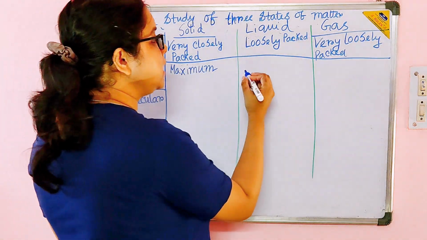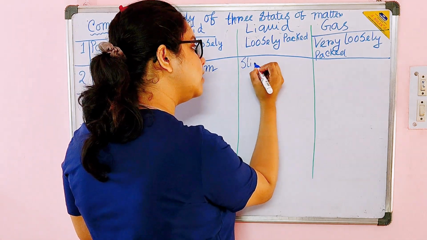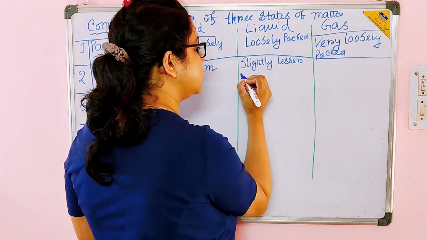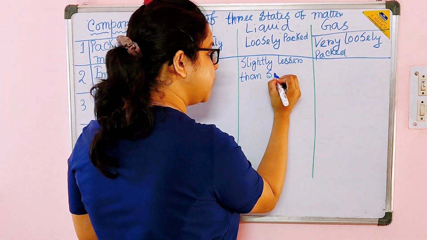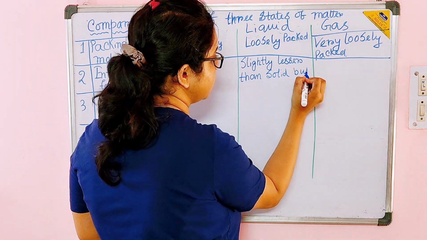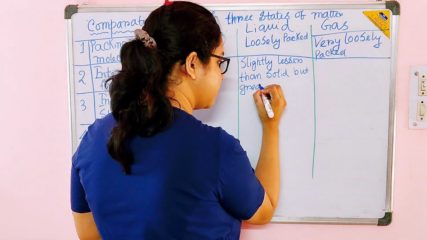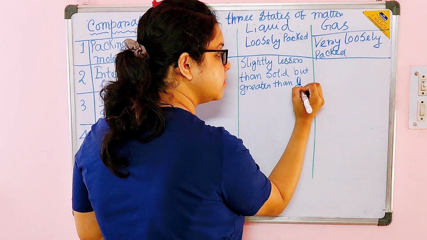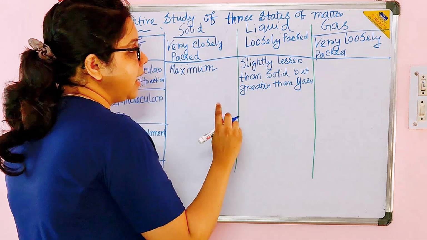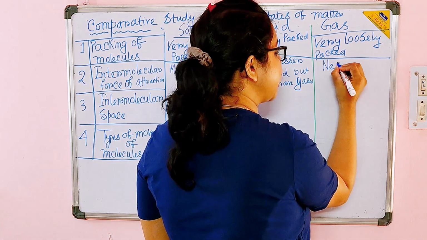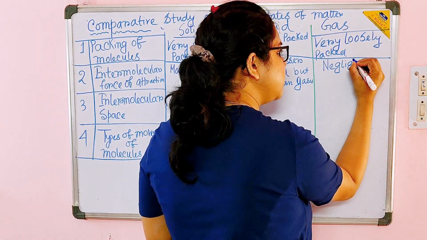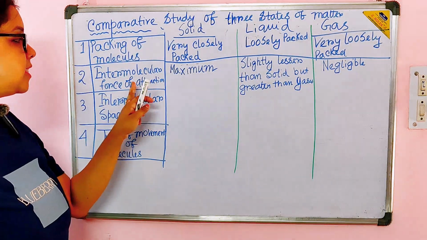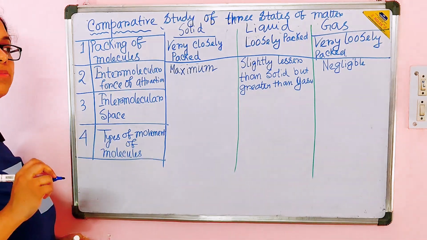In case of liquid, it is slightly lesser than solid, but greater than gases. The forces of attraction are negligible in gases because the molecules remain far apart from each other. So in case of gases, the intermolecular forces of attraction are almost negligible.